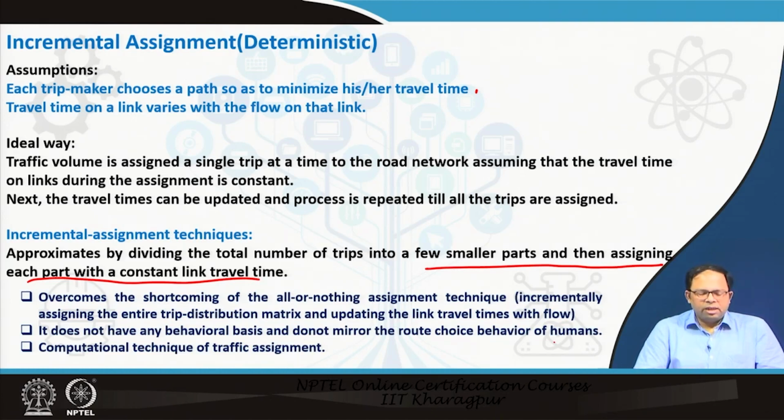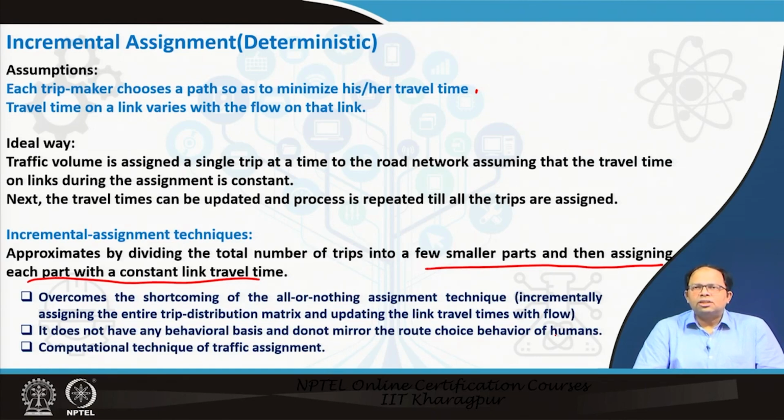It does not have any behavioral basis and does not mirror the route choice behavior of humans. True. That means again it's a deterministic method. We are assigning a particular traffic volume entirely into a particular shortest path. So there is no route choice option. Because of this assignment process, there is change in the travel time. That's why the shortest path changes.